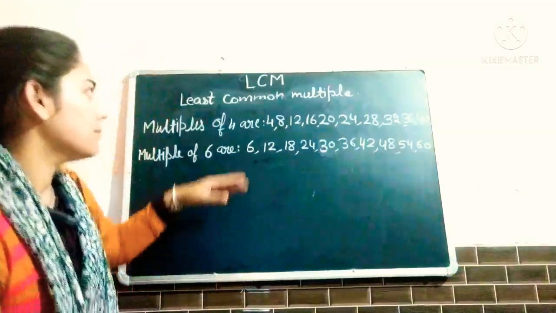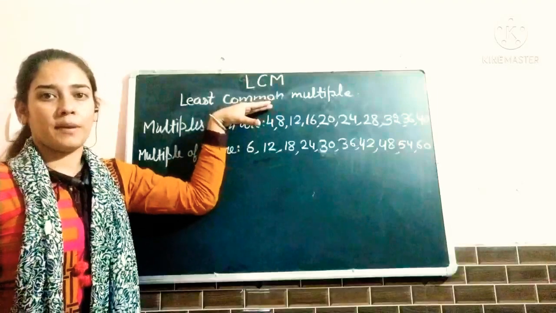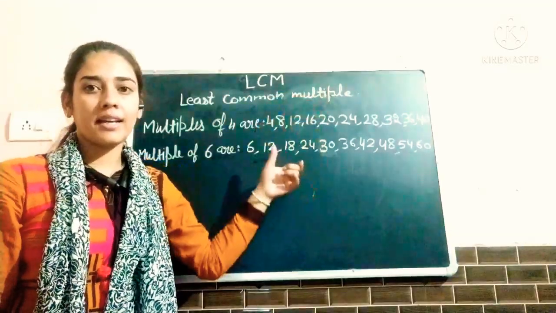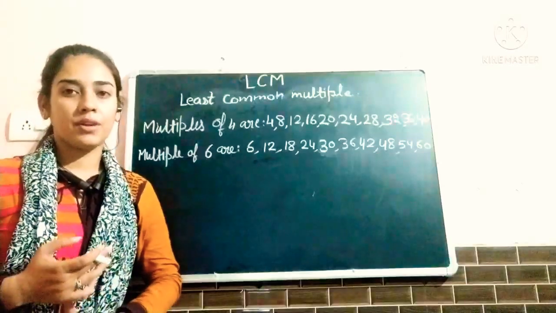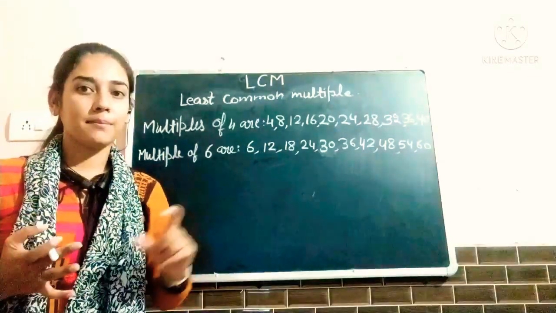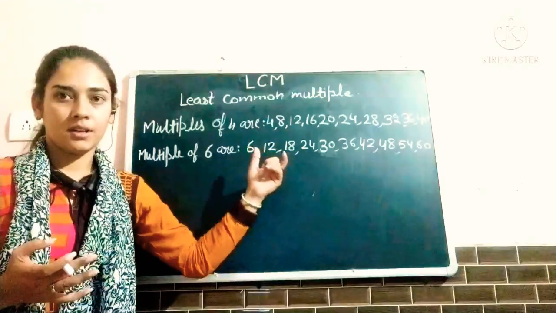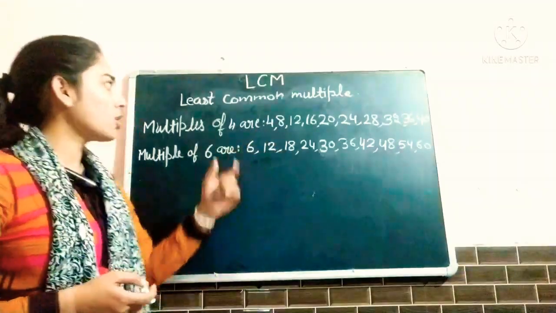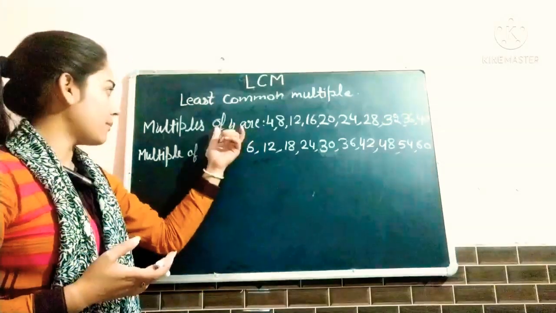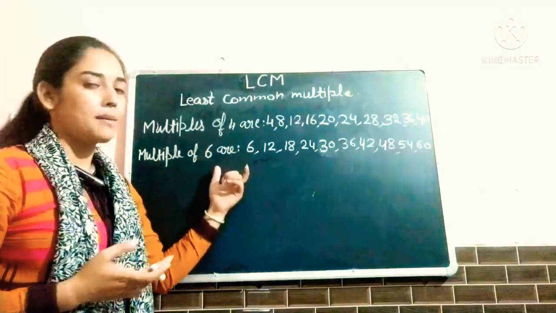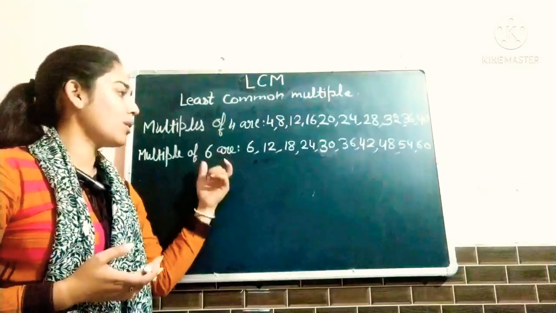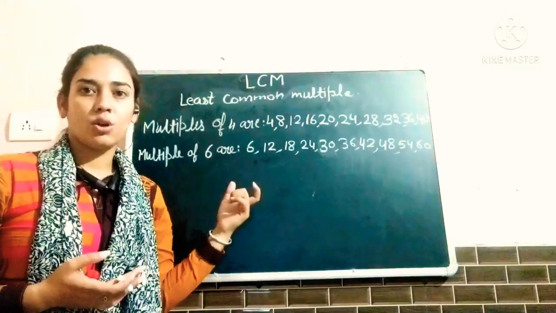Now let us come to the next word, that is common. Common multiple. Now we will find the common multiple between 4 and 6. Common multiple means the numbers that are the same, that match in the multiples of 4 and also in the multiples of 6.